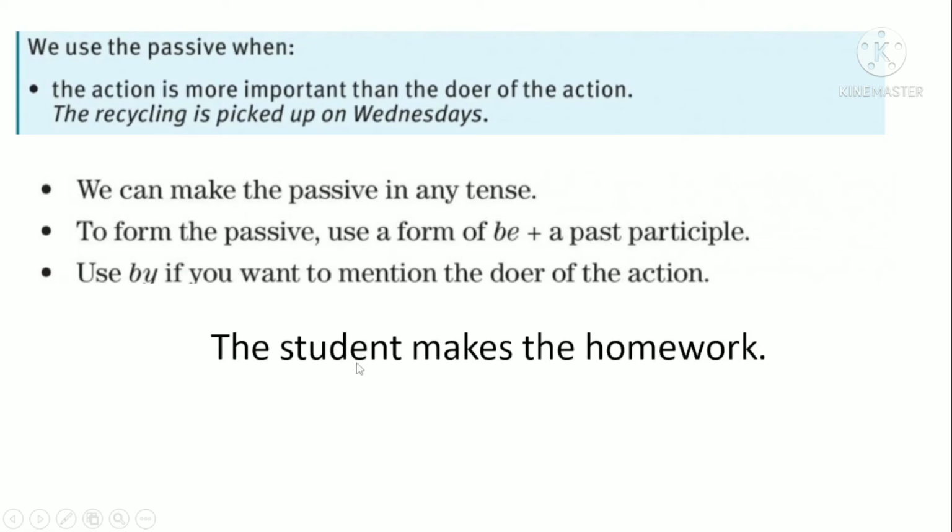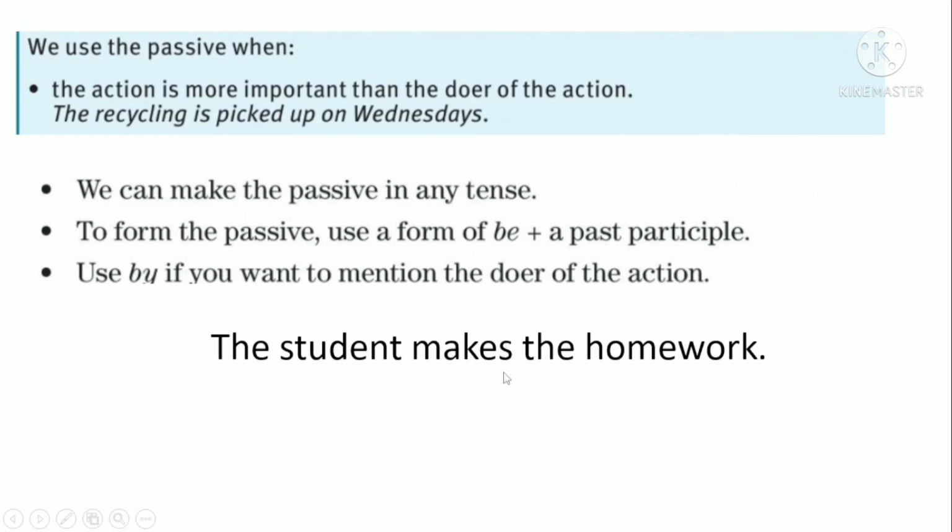Example, the student makes the homework. This is an active voice because the student is performing the verb. The student makes, and it has an S because it's the third person, he or she. So that's why it has an S.